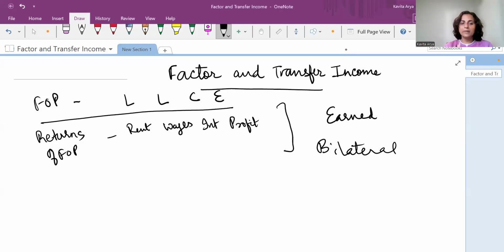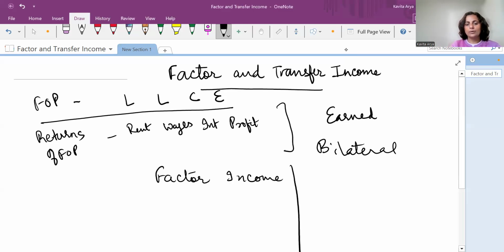Because we must know clearly which income would be included and which would not be included in the calculation of national income. So when this topic is asked in the examination, we should always attempt this in a T table: factor income versus transfer income.